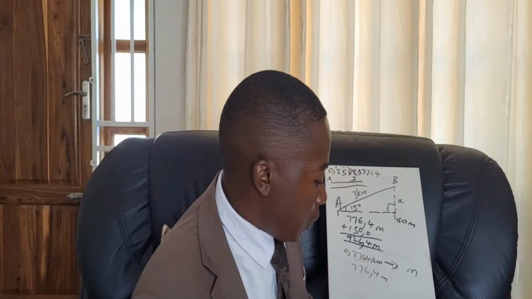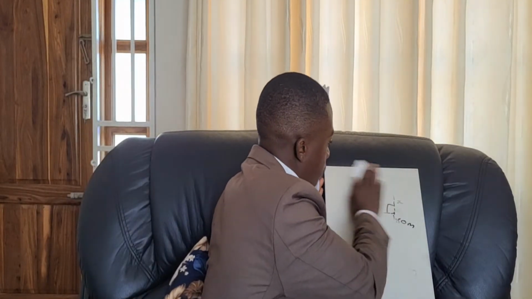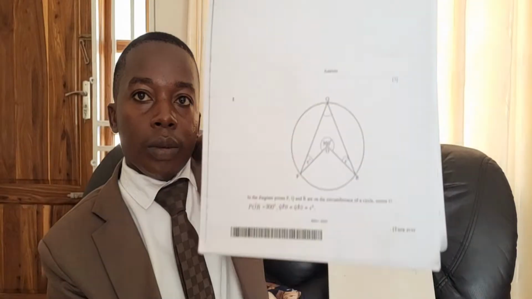Now number 5. How many minutes do you think? 16 minutes. 16 minutes. That's fine. This question now, we are told that in the diagram, is it clear on the board? Yes, it's clear. They are asking us the value of what?